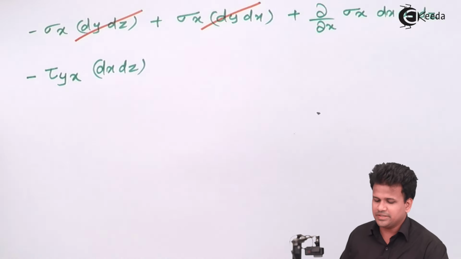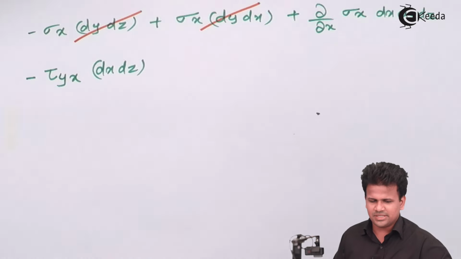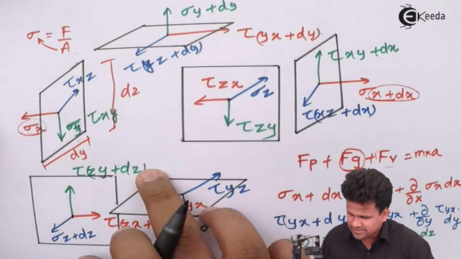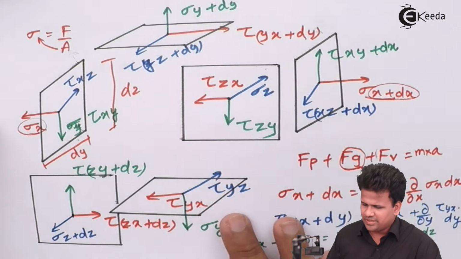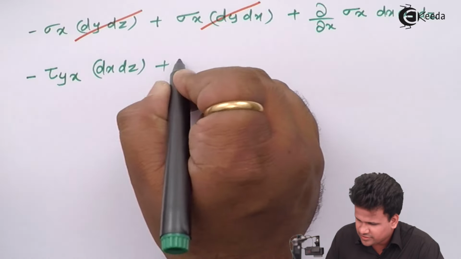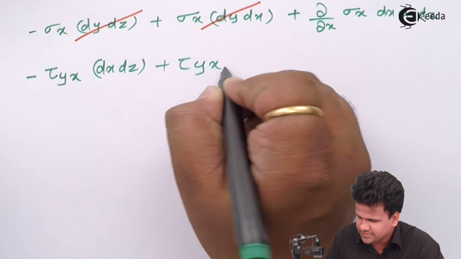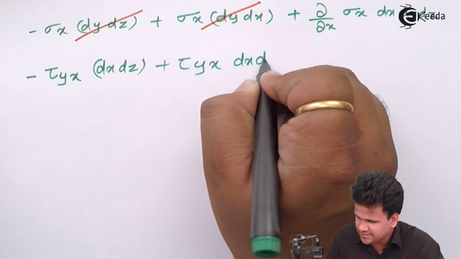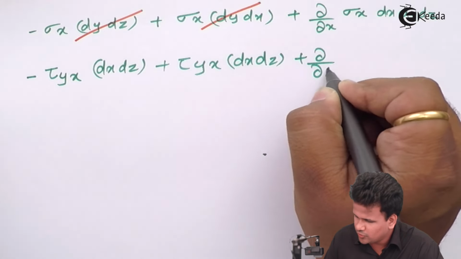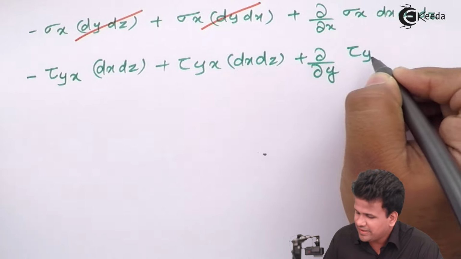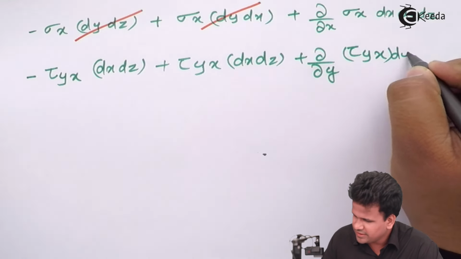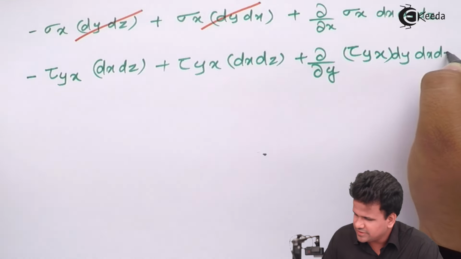This is the area of cross section. This is a dz and this is dx. Plus tau of yx into dx dz plus dou by dou y of tau of y plane x direction into dy dx into dz.